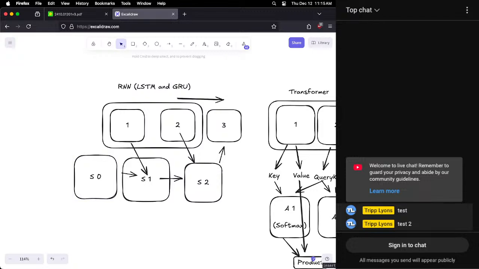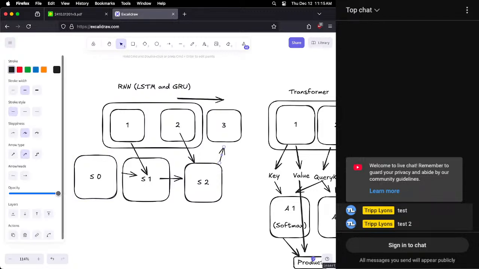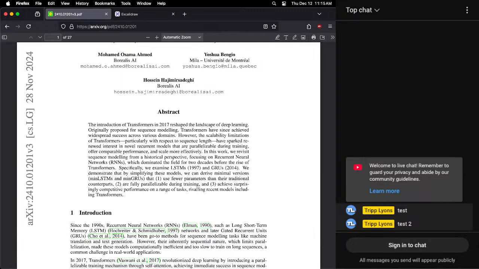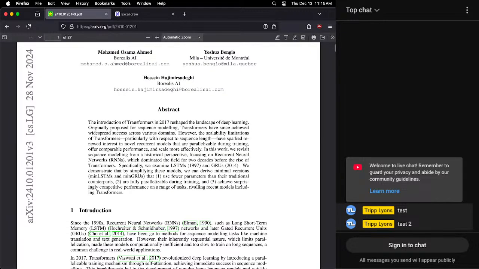And you can't efficiently do that with multiple tokens when you're predicting multiple tokens like this. And then point 3, they achieve surprisingly competitive performance on a range of tasks, rivaling recent models, including transformers. So they say that these models also give good benchmark results.